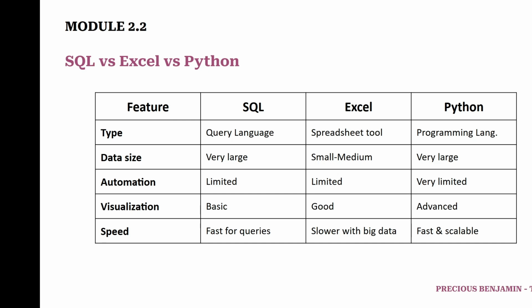Now, when you are working with Excel, for example, Excel is limited when it comes to working with large data. As a data analyst working for a company that deals with a very large amount of data, if you want to work with Excel, you will be limited.